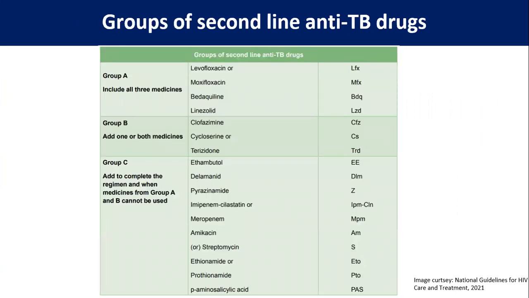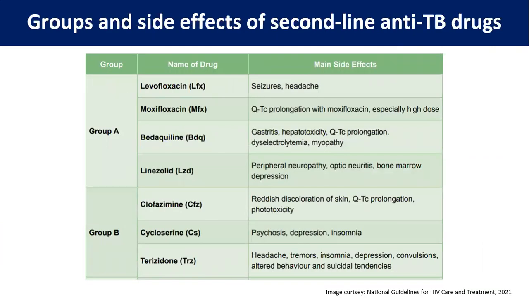Now, second line anti-TB drugs and their abbreviations, all these things are not required for us. But the side effects of individual drug-resistant TB drugs are important for us to know because many of the side effects overlap with the side effects of ART also. So, for example, with levofloxacin, seizure and headache are possible.